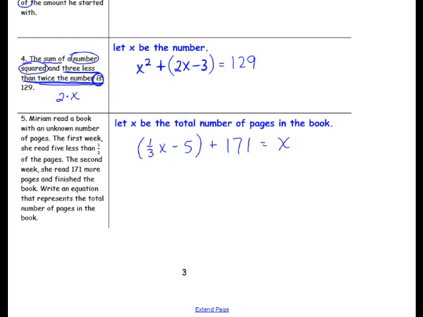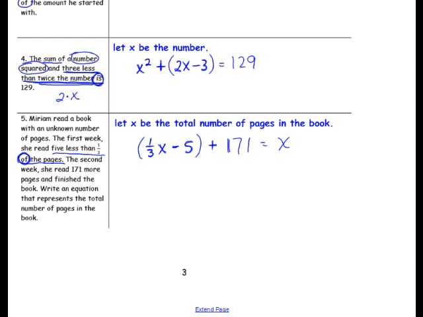Okay, so it says the first week she read 5 less than a third of the pages. So this is 5 less than a third of the pages. Remember, of means to multiply. The second week she read 171 more pages.